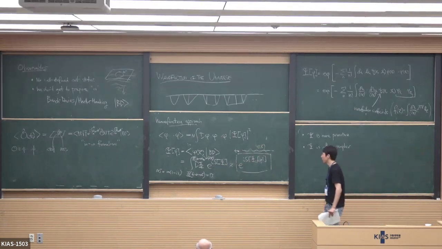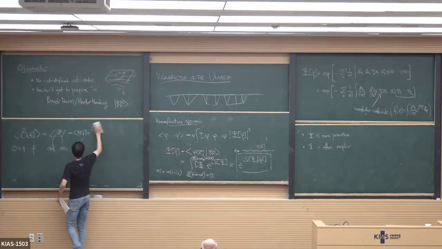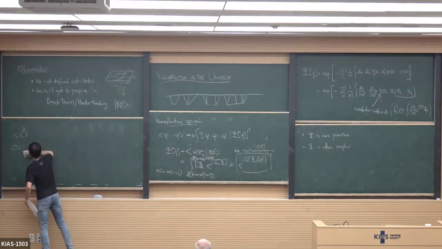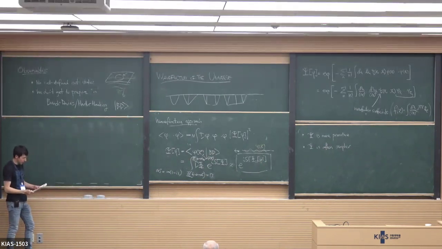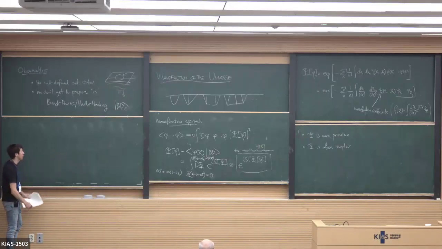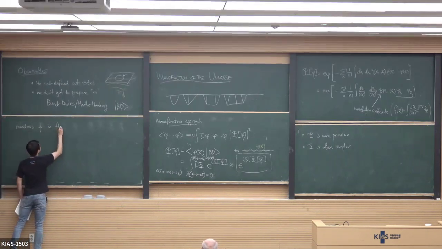Okay. So let's now look at how this computation is done. To do this, we will look at the simplest possible model we can ever consider, which is just a massless phi field in flat space.